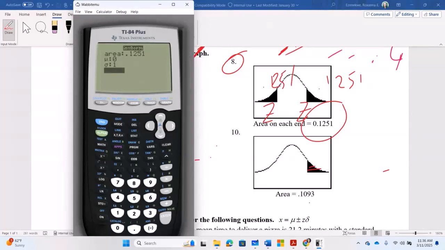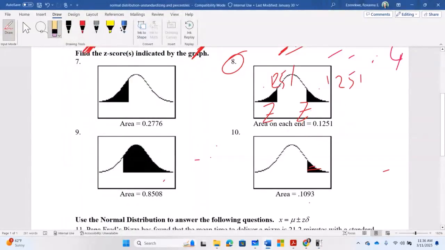So I am going to paste, and it's asking me, is that what you want? Yes. I'm looking for the 12.5 percentile and the Z value corresponding to that. The Z value corresponding to the 12.5 percentile on the left is negative 1.15.